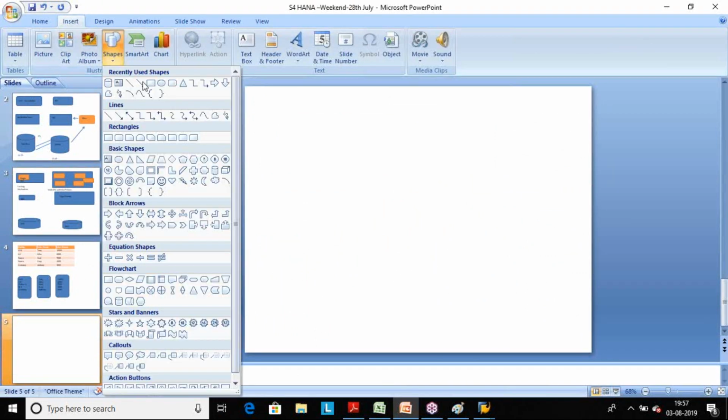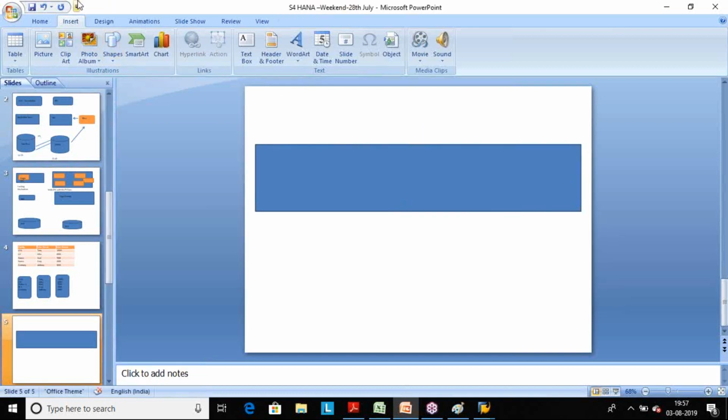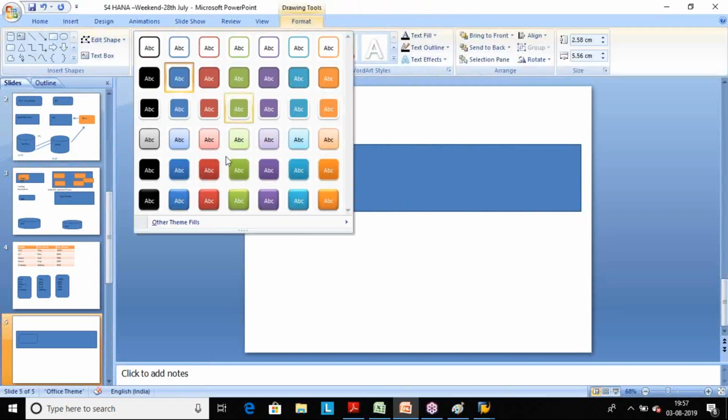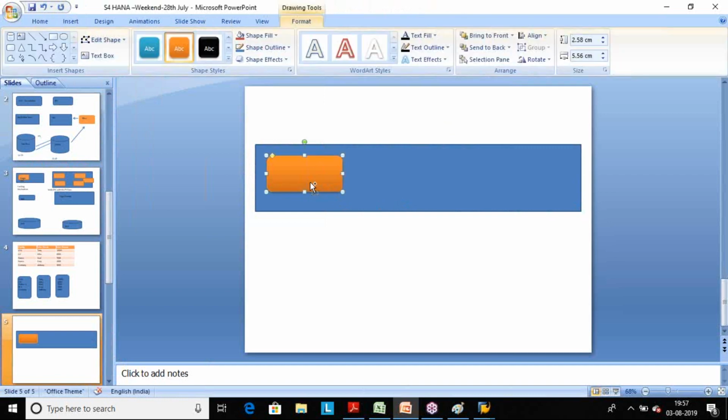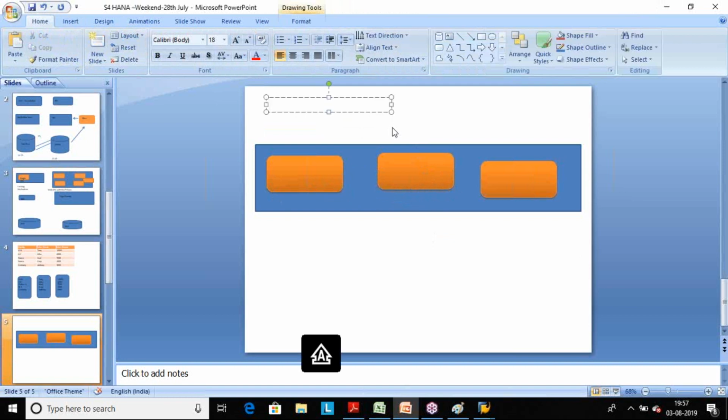HANA database is a combination of everything. HANA database is a combination of the TREX engine.